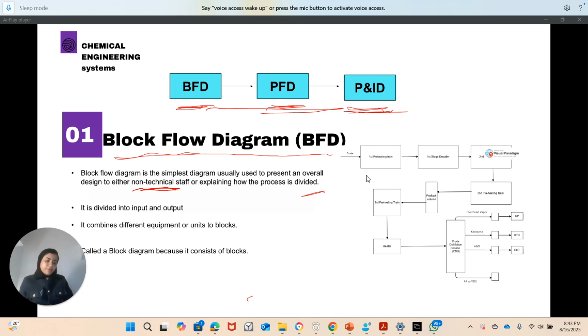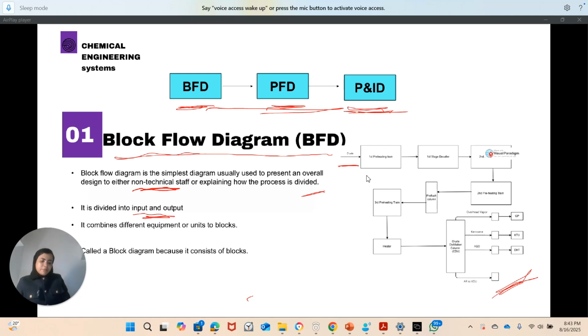One example that I have is the picture on the right hand side, which shows a CD unit. One key element that I want to tell you here for the block flow diagram is that it shows the input and output.